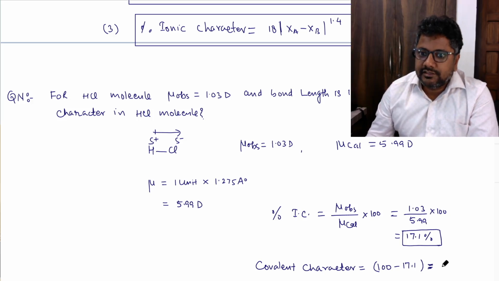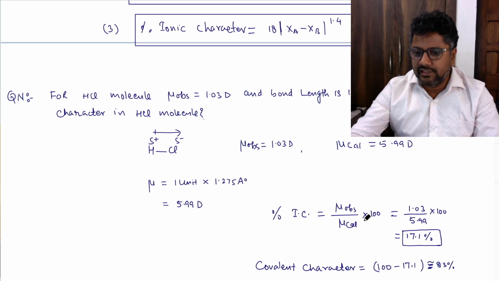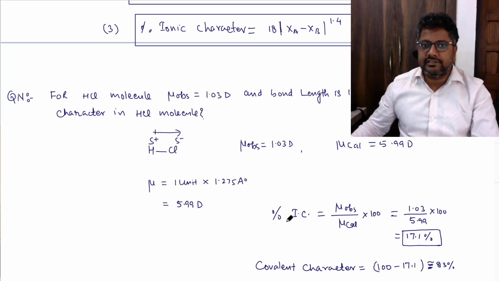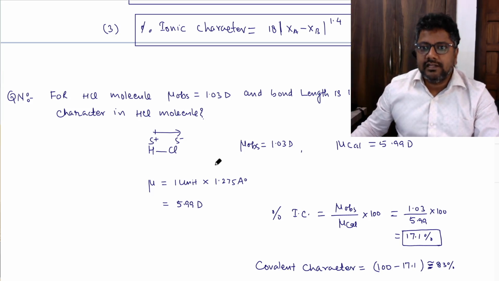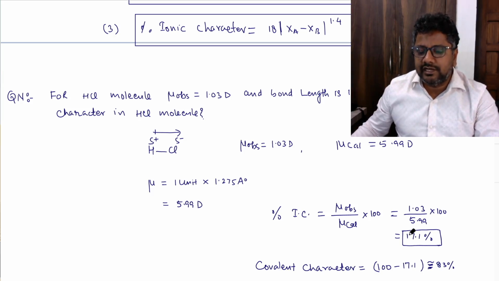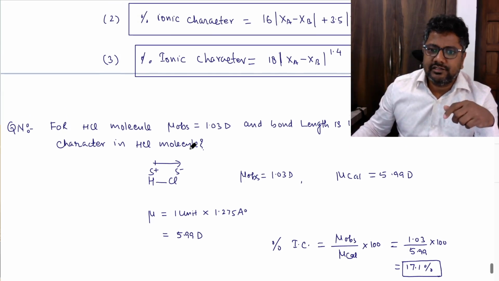So this is 82.9%, about 83%. So it means the HCl molecule is covalent. This bond is covalent, not ionic, right? And see this ionic character, 17%. So you can say, okay, polar covalent character is there, right?